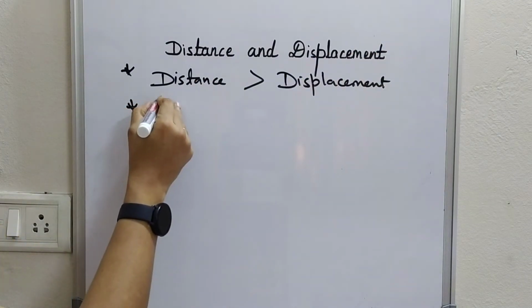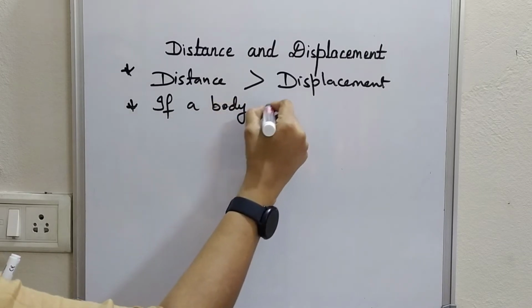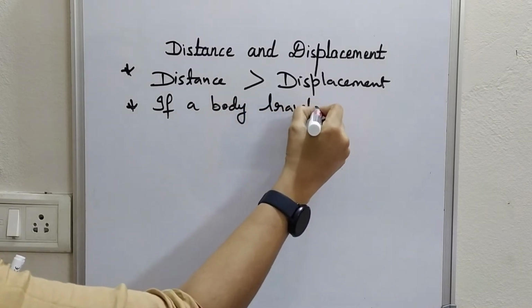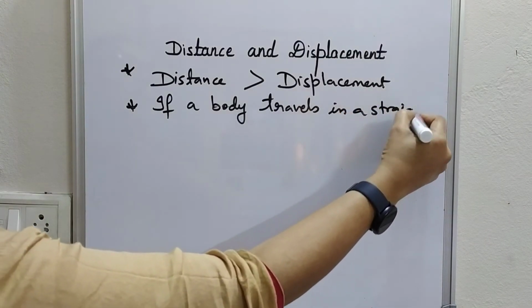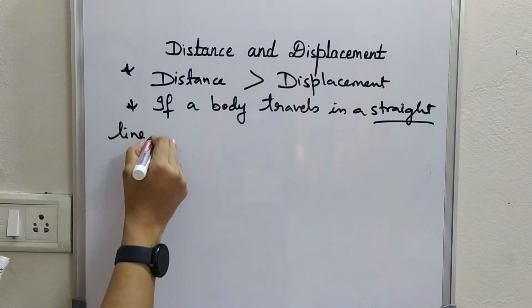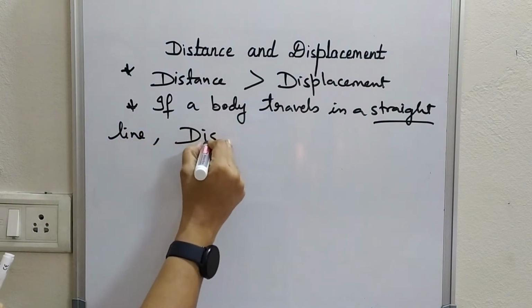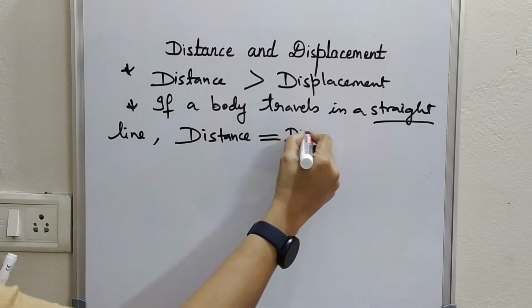But if a body travels in a straight line, this is important, as we have taken in the first example, distance travelled by the body will be equal to displacement.